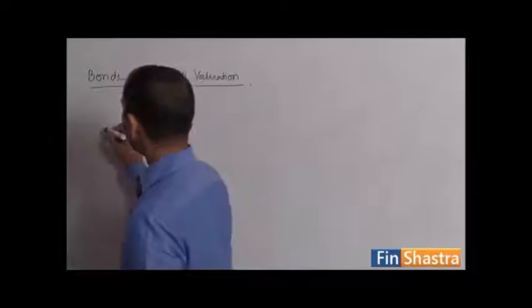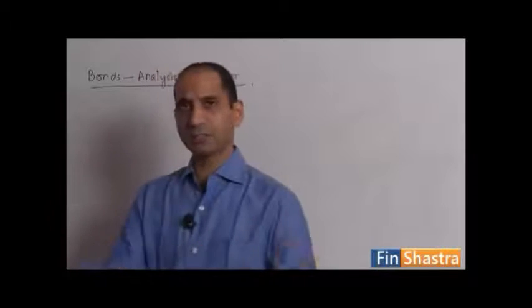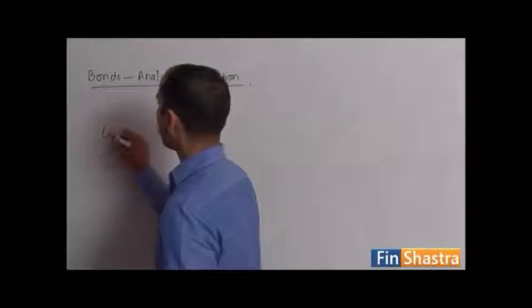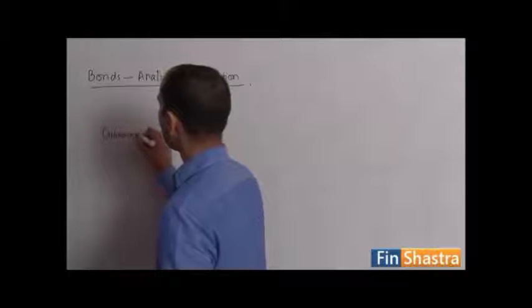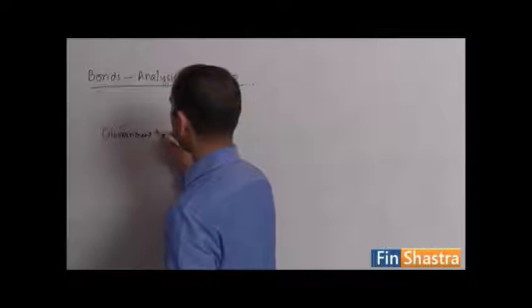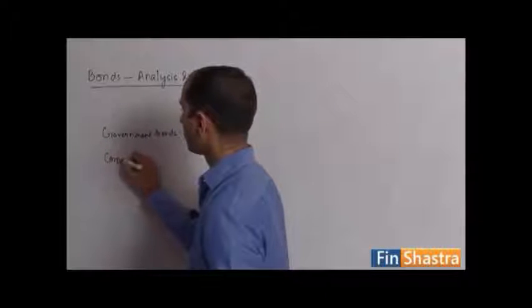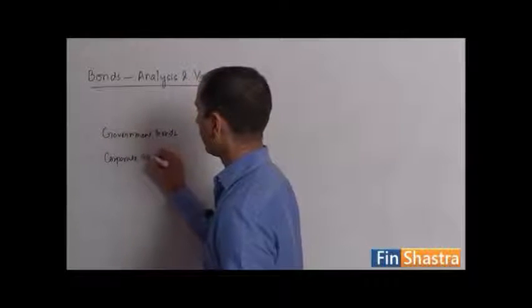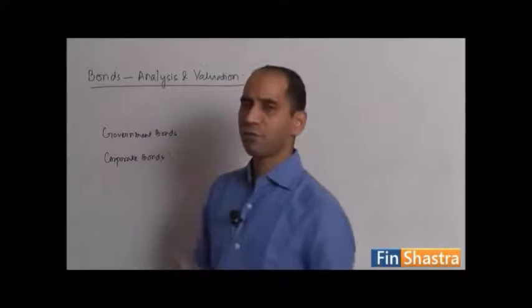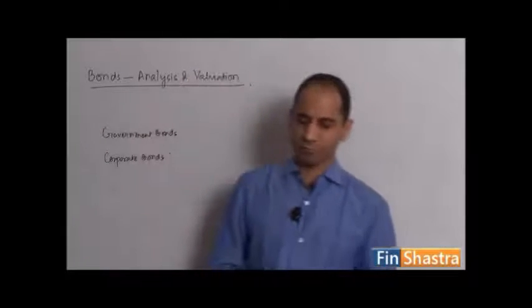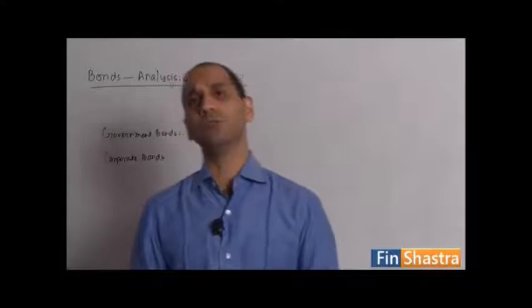One is on the basis of issuers. One is the government bonds and the other is of course the corporate bonds. So that's one way of understanding the classification of bonds, which is on the basis of who is the issuer.